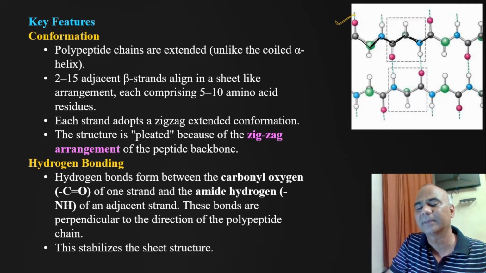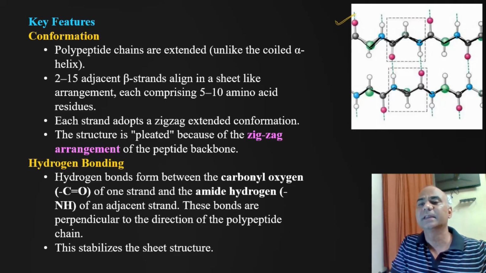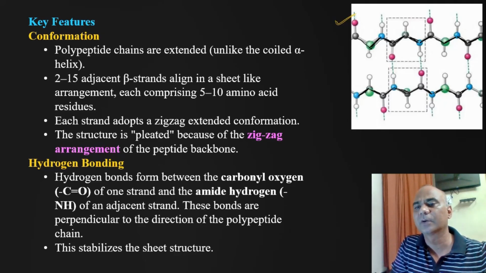As I am drawing in this image, the backbone of the polypeptide chain acquires a zigzag arrangement, and similarly in the other polypeptide chain you can also see the zigzag arrangement. I am making black lines to discriminate this structure from the rest of the chemical structure. These are the backbone of the polypeptide chain, and the polypeptide chain makes the zigzag arrangement.